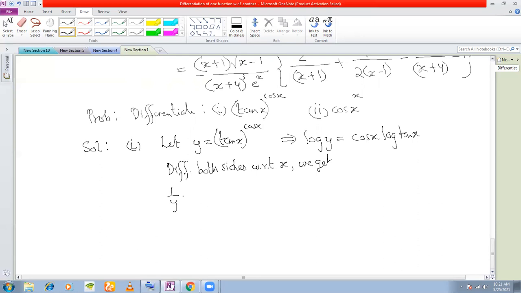One by y dy dx is equal to cos x into d dx log tan x, plus log tan x d dx cos x.